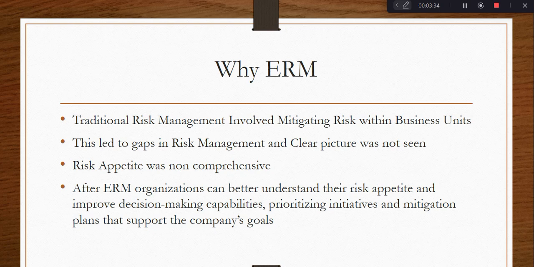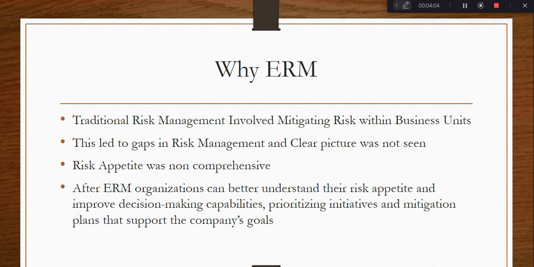After ERM was implemented, organizations can better understand their risk appetite and improve decision-making capabilities, prioritizing initiatives and mitigating plans. After ERM was implemented, these independent risk mitigation efforts were abolished and enterprise-level risk mitigation strategies were put in place.